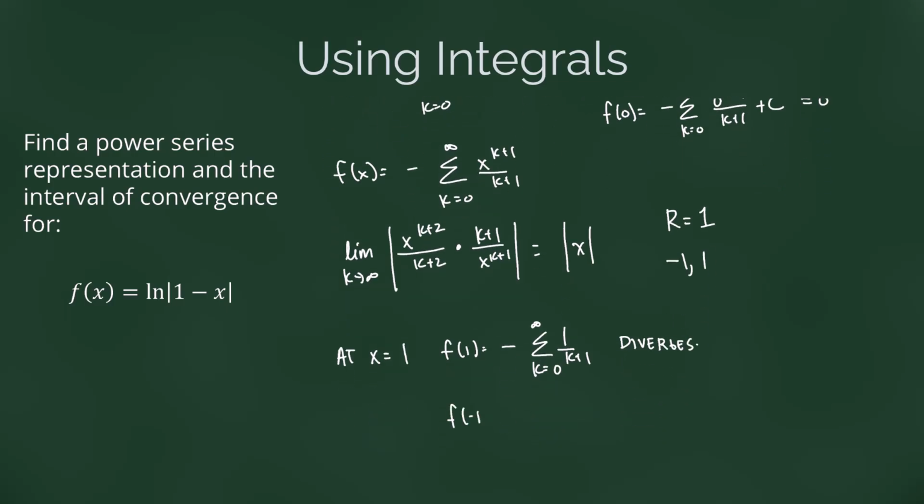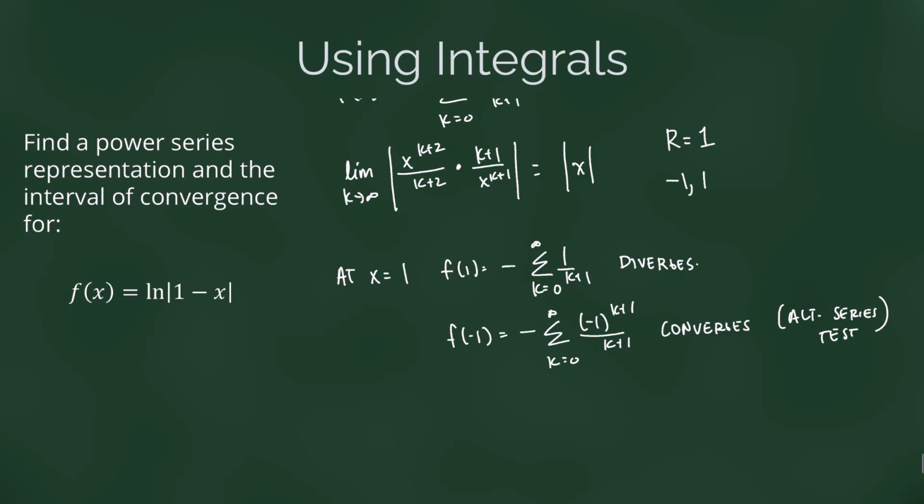But f of -1 is the negative sum from k equals 0 to infinity of -1 to the k plus 1 over k plus 1. That one converges. It converges because it's alternating. The alternating series test works here. This one is our harmonic series. The plus 1 does not change the fact that the harmonic series diverges.